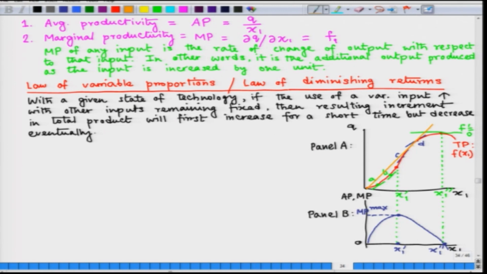Say it becomes tangent to the production function at a point E. So, that is the highest slope that one can make in order to get the average productivity, and suppose I want to call this straight line OP. So, the slope of the straight line OP gives the average product of the input level x1 tilde.